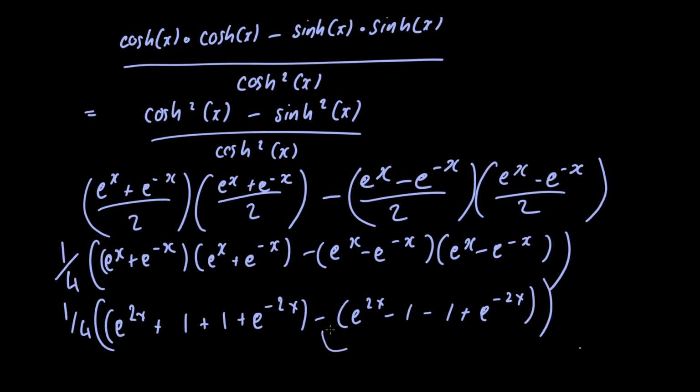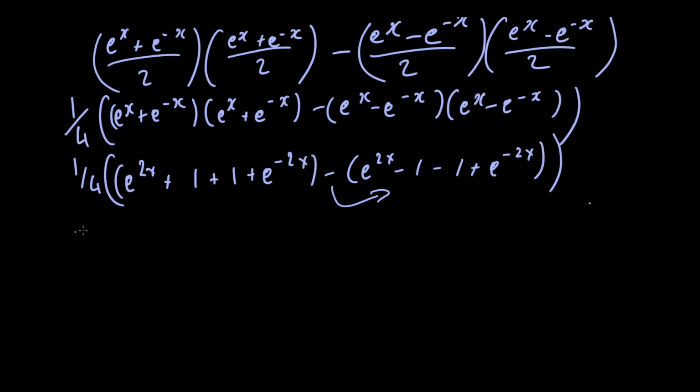At this point we want to go ahead and distribute this negative sign to everything inside these brackets here. So we're just going to have 1 over 4 multiplied by, everything here stays the same.